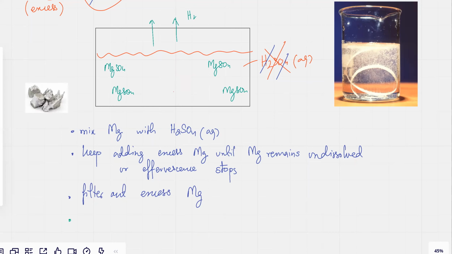The last step is crystallization. If you want pure crystals of MgSO4, you need to get rid of the water. You need to evaporate.